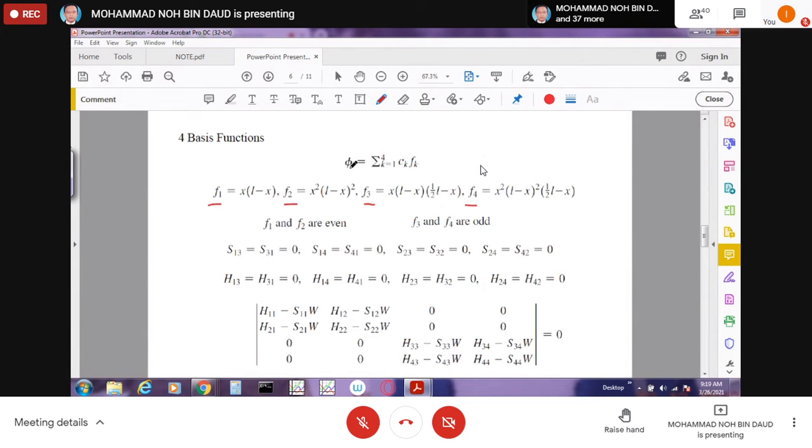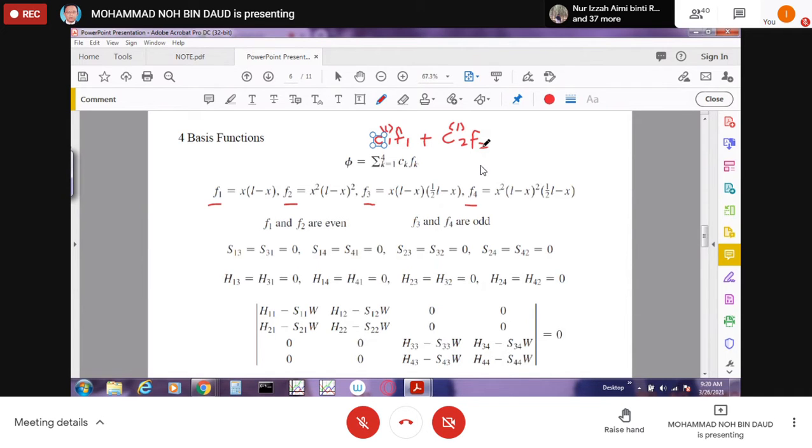So the linear combination here has only C1 and C2, with C3 and C4 zero.